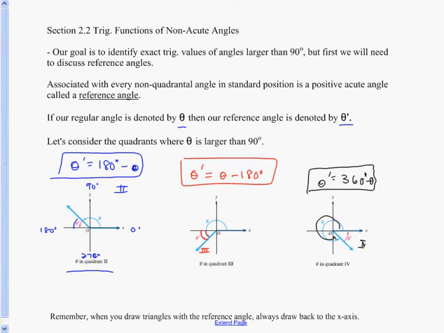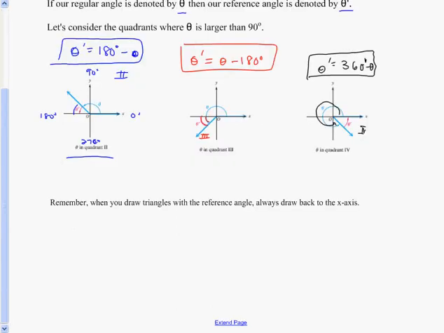Now, we've drawn these as just angles in standard position, but remember that with an actual reference angle, I can draw a triangle. When I draw that triangle, I always draw back to the x-axis. For example, in the first one I could draw it just like that. For this one, I would again draw it back to the x-axis, so there would be a triangle associated with that reference angle.